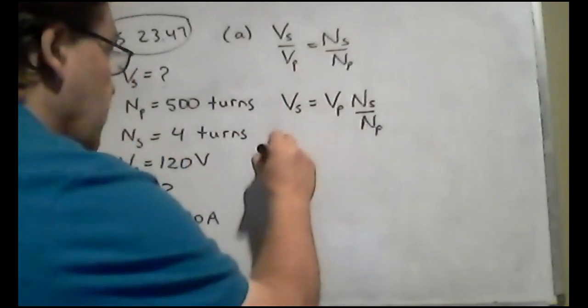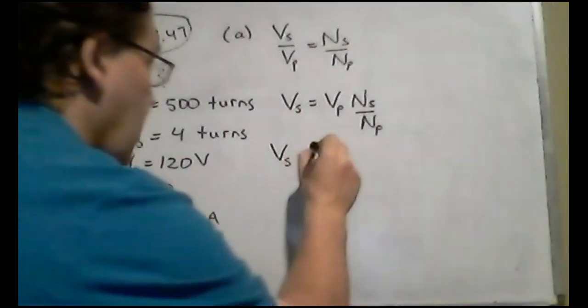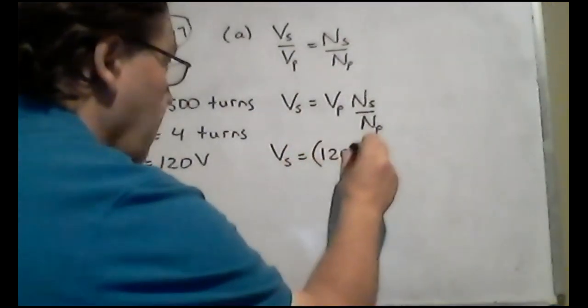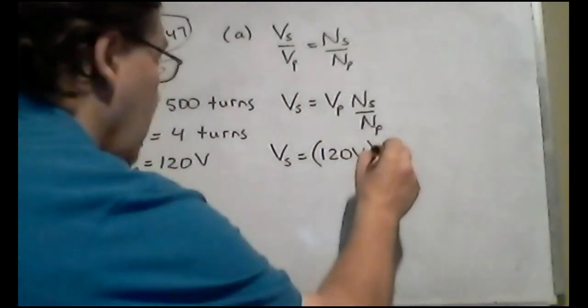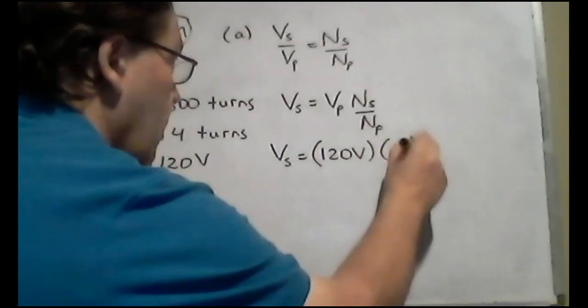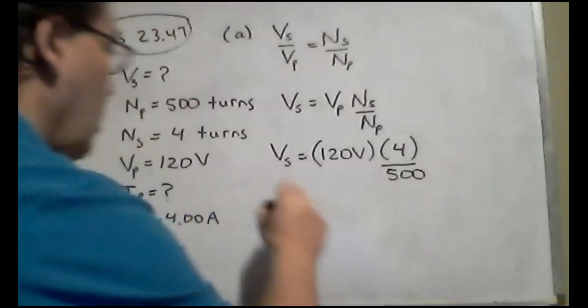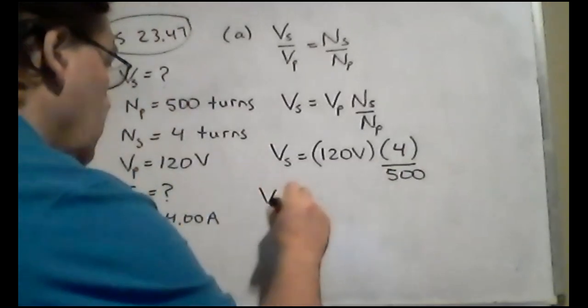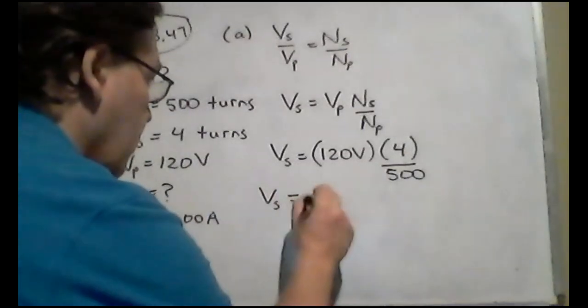V sub S is simply V sub P times N sub S over N sub P. What is the primary voltage? That's what's coming out of my wall, 120 volts. N sub S, the N at the secondary, is 4 turns. The N at the primary is 500 turns. So V sub S is going to equal 0.96 volts.